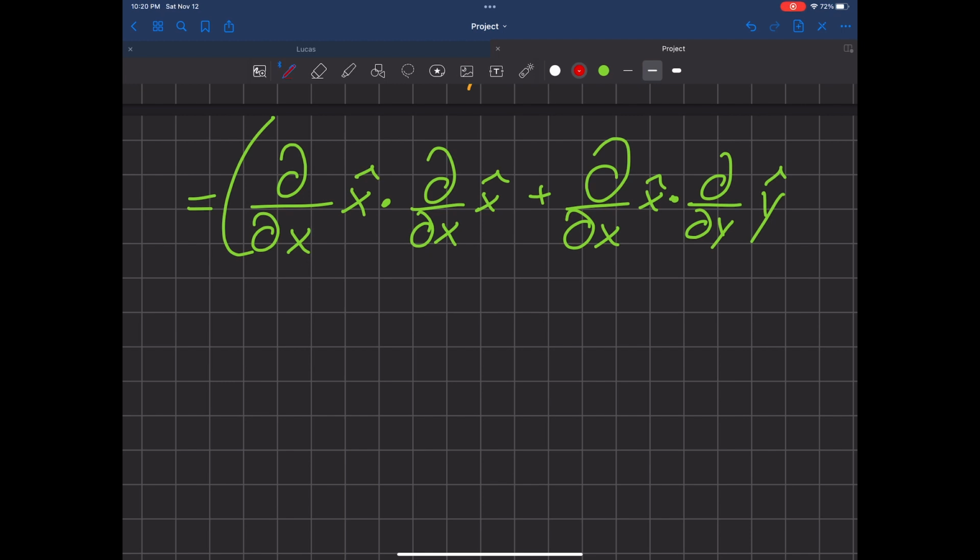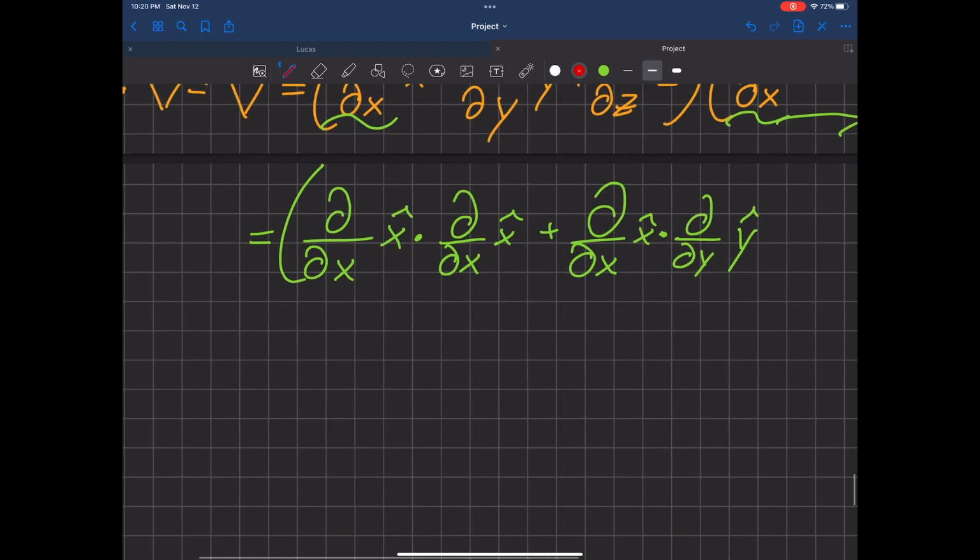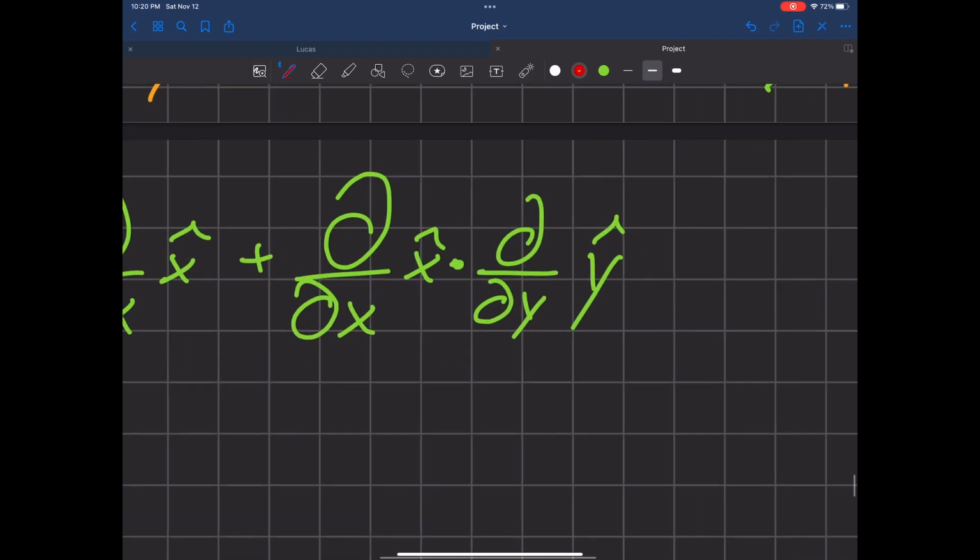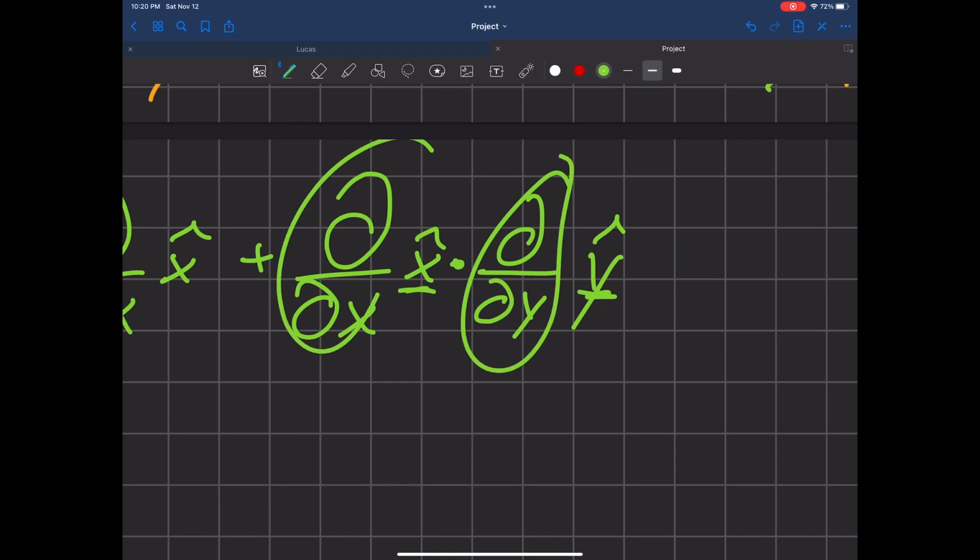If their magnitude is different, you'll get slightly different numbers, depending on that. So, how does this help us? We have an x hat, we have a y hat, and they're being dotted together. Yes, they have some coefficients, but don't worry about those. Because x hat dot y hat equals 0, this whole thing goes away.